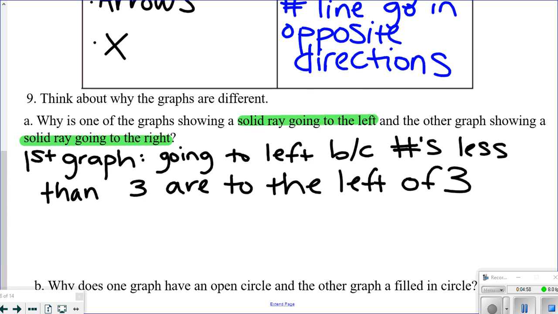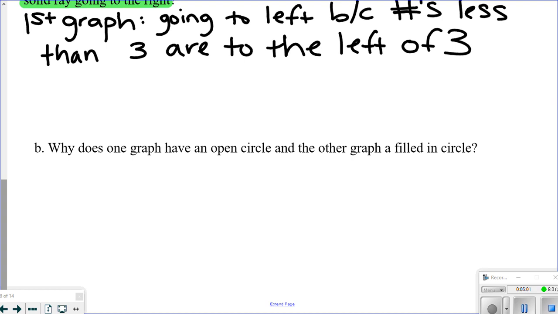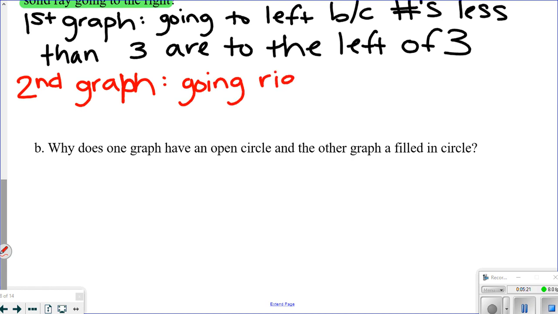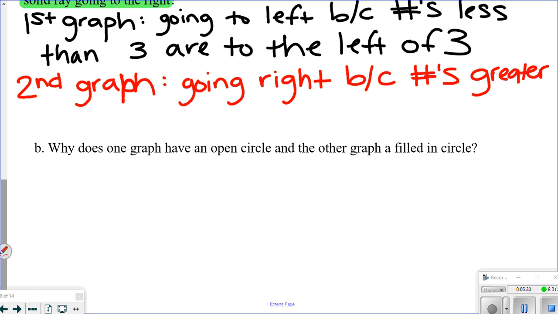My second graph, the one on the right, is shaded to the right, or we have a solid ray going to the right, because numbers greater than -2 are to the right of -2.